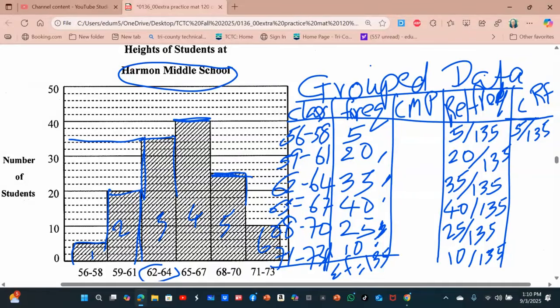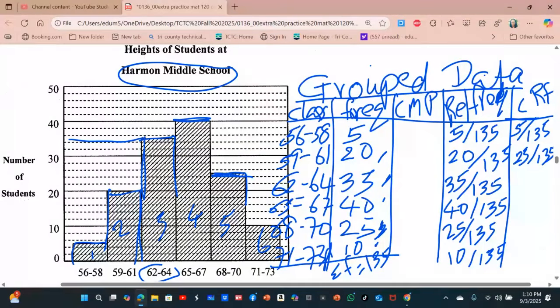The cumulative relative frequency of the second class is 5 plus 20, which is 25 out of 135. So we are accumulating.